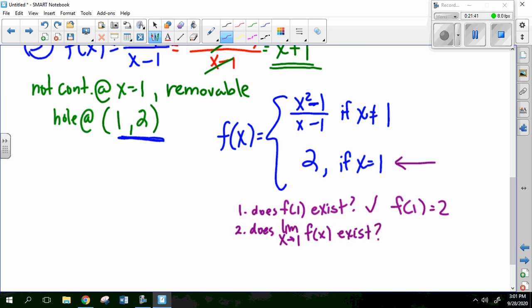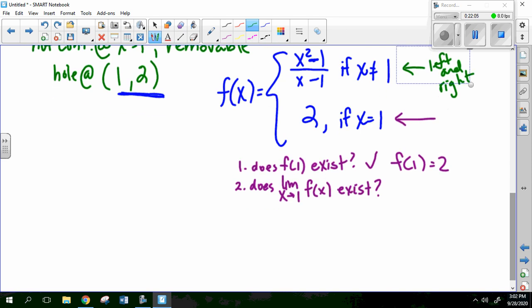Does the limit as x approaches 1 of f of x exist? Well, how would I take the limit of a piecewise? I need the left and the right. But when x is not equal to 1, that is the left and the right. So the limit would have to exist because we'd use the same function to find it.